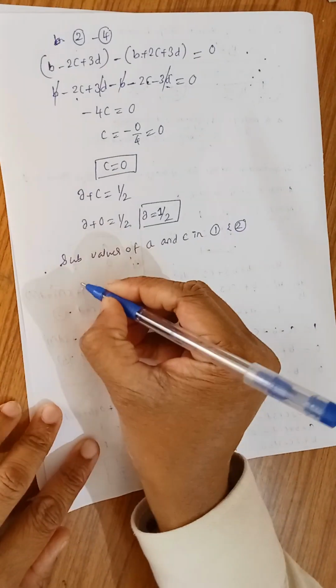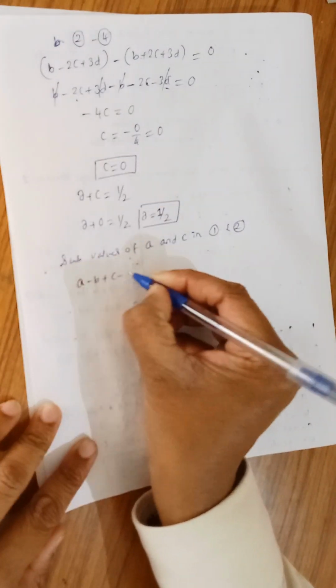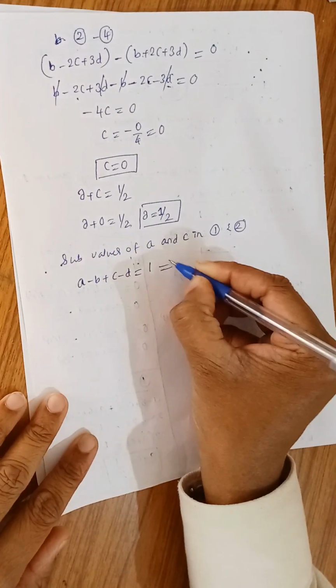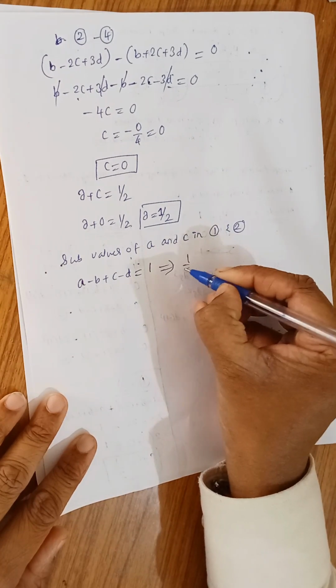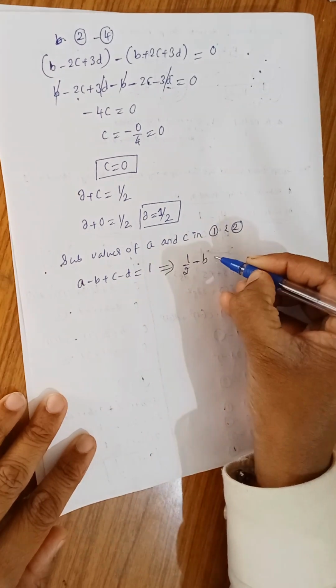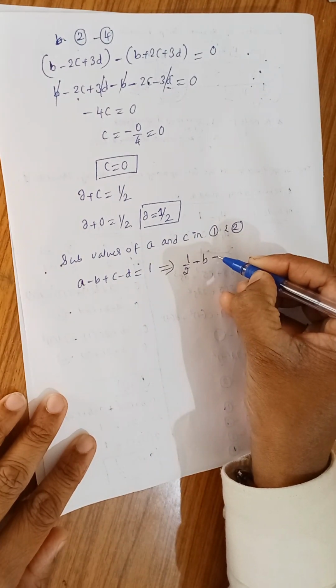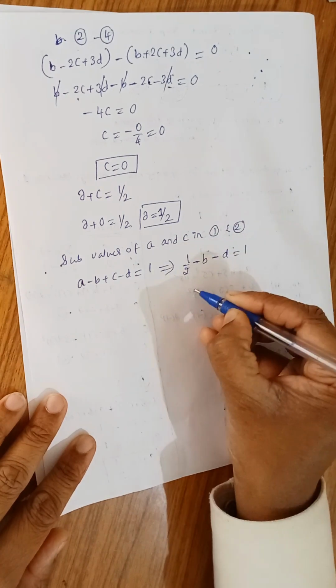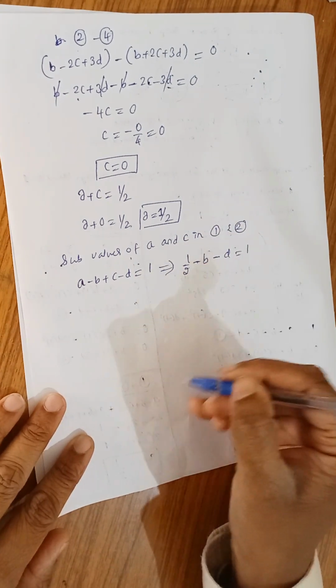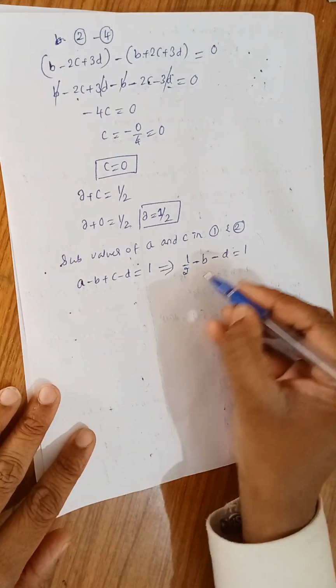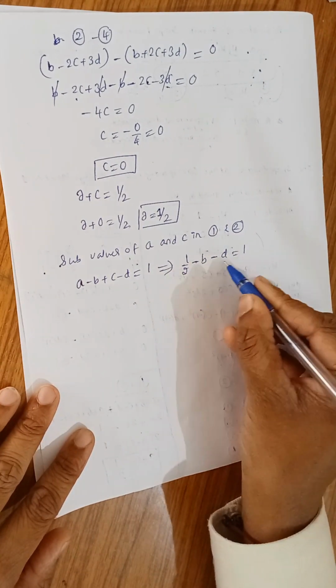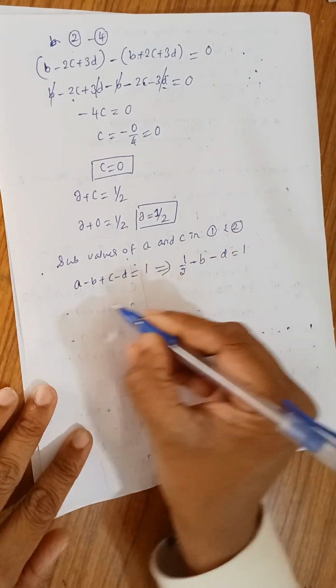That implies a value is half, minus b, plus c is 0, minus d, equal to 1. Let me send this minus b minus d to the other side, and bring this 1 to the left hand side.